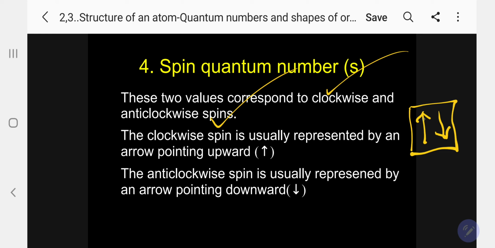The clockwise spin is usually represented by an arrow pointing upward. The anti-clockwise spin is usually represented by an arrow pointing downwards. Please remember, particle we can say, but this is what we normally use in the book and notebook. Okay.